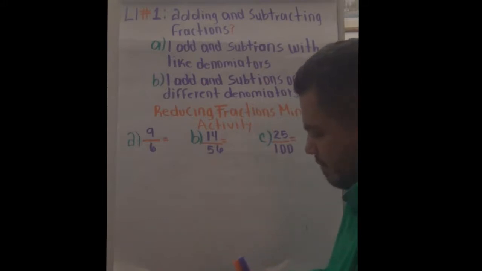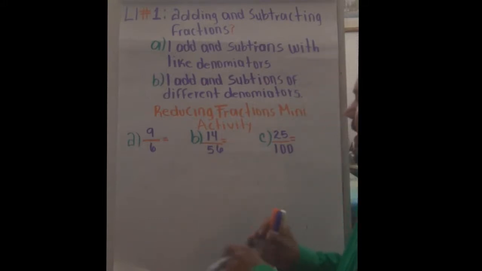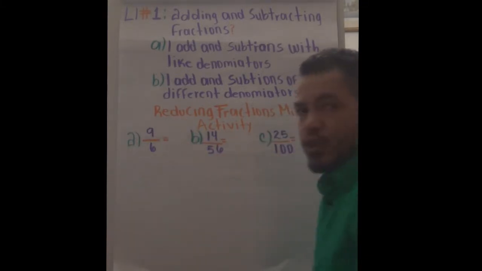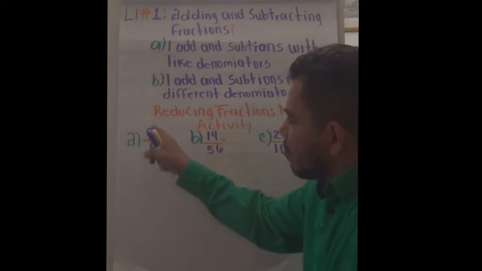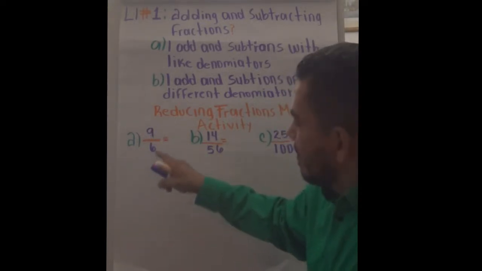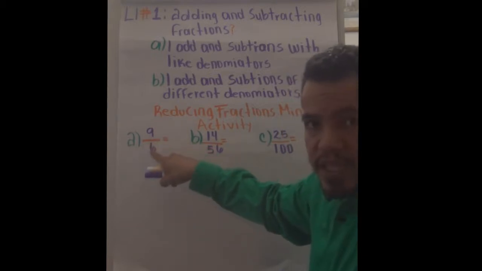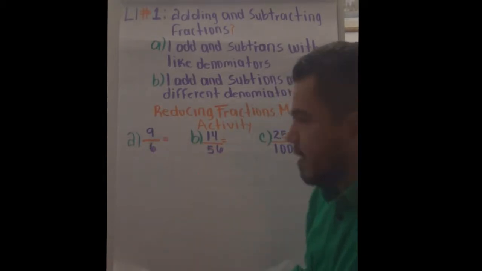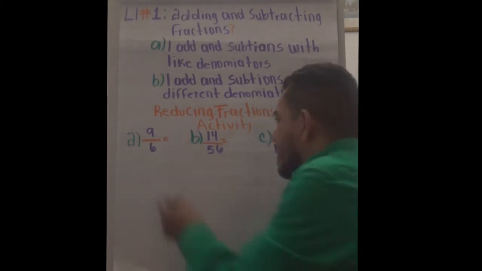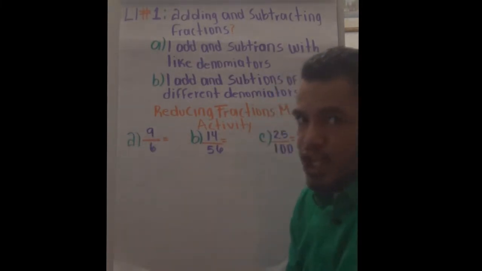This one writes. Okay. So let's say we have the fraction 9/6 and we want to reduce it to its simplest form. What we do is find a number by which both the numerator and denominator can be divided. In this case, let's see if I can divide by 2. Can 9 be divided by 2?